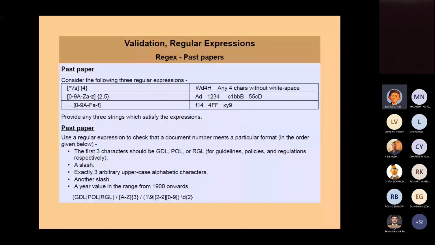Just looking briefly at some of the questions that have been in past papers. These are some examples. This first question, we were given 3 regular expressions, and you had to provide three strings which matched each of those expressions.